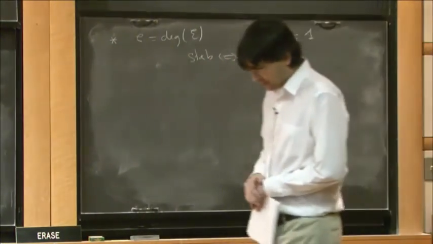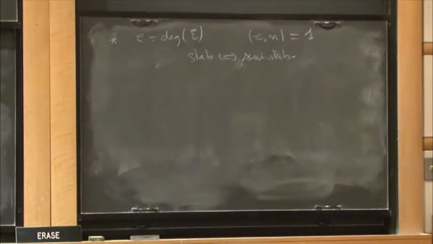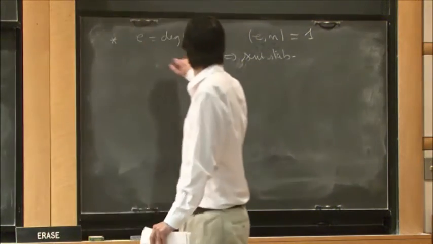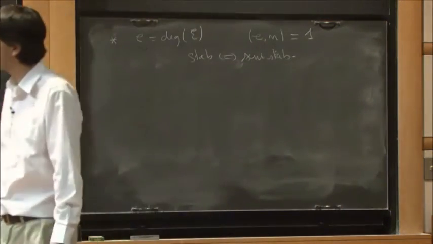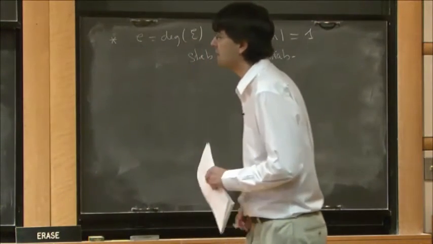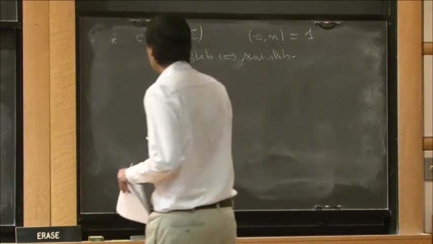And instead of considering the algebraic stack of stable or semi-stable Hitchin bundles of degree e and rank n, we will consider the coarse moduli space attached to this, and it has been constructed by Nitsure.